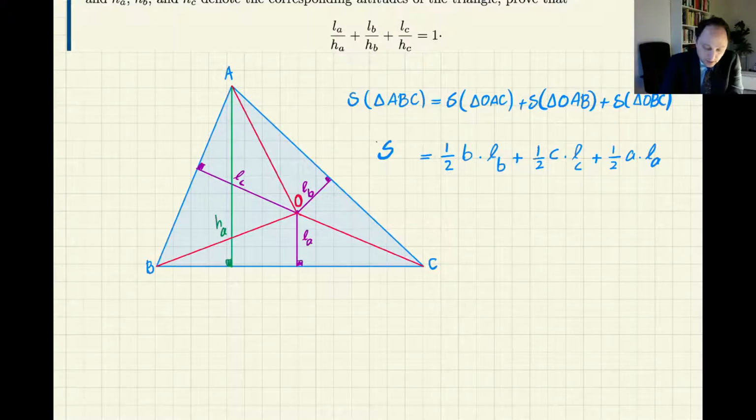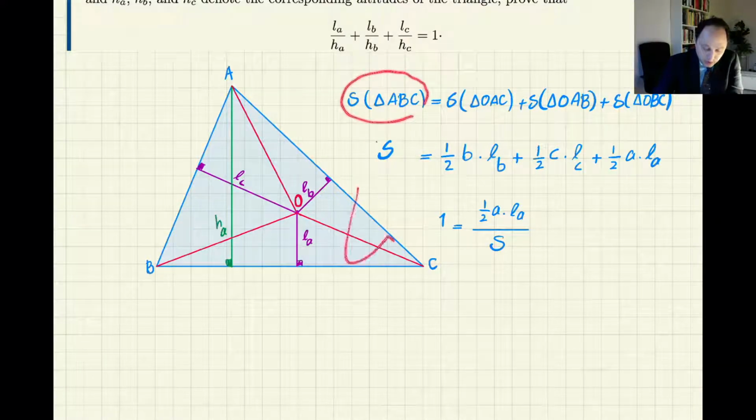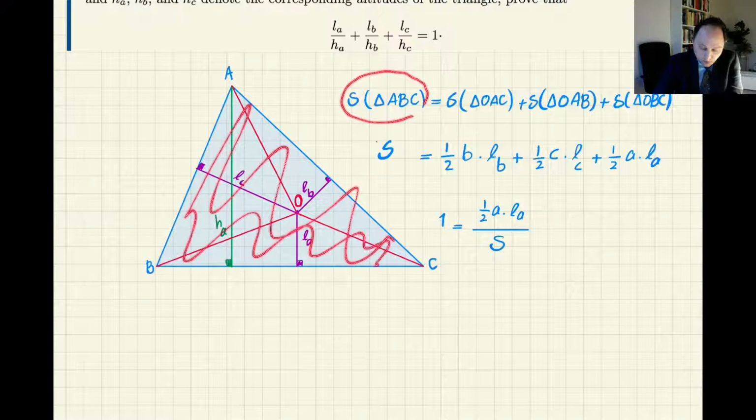The left hand side becomes 1. The right hand side becomes, let me write it in order, 1 over 2a times LA over S. But remember, what was S? S was the area of the big triangle, yes, this bigger triangle.